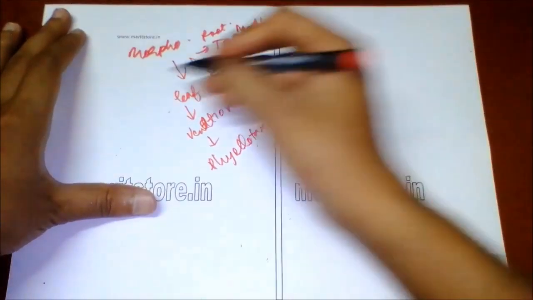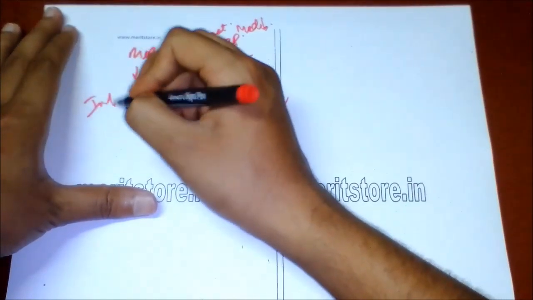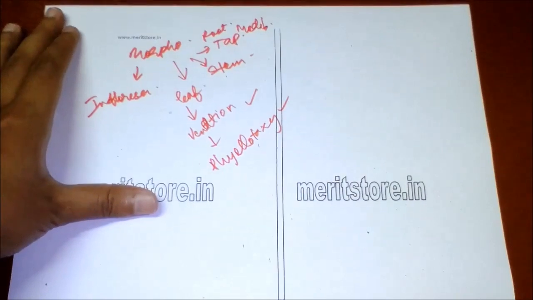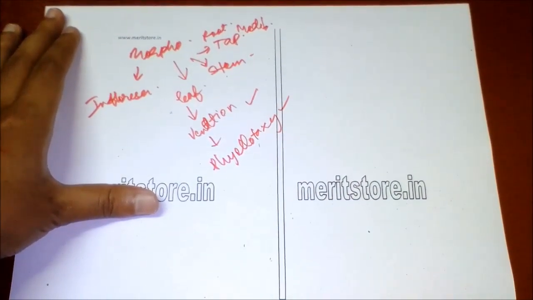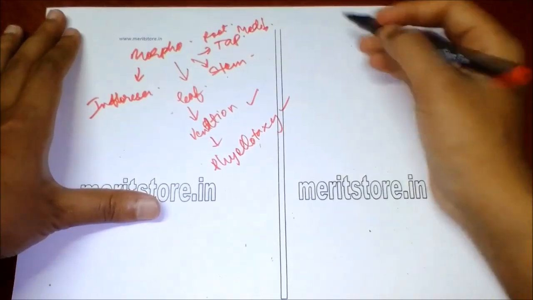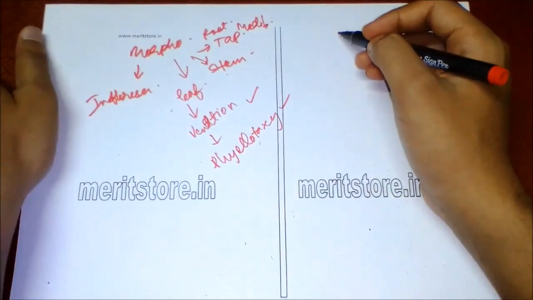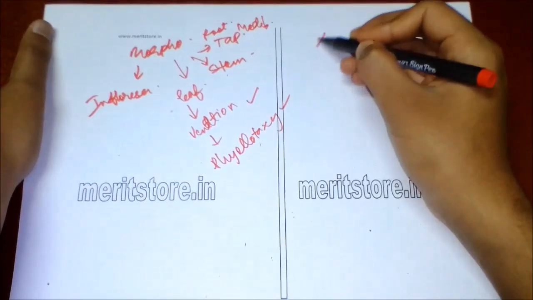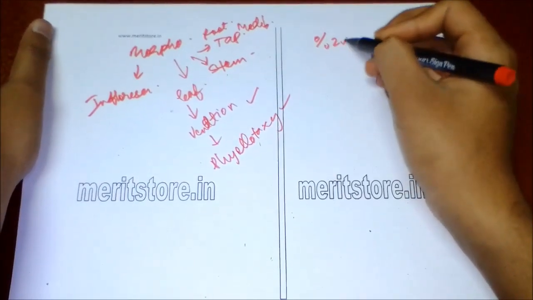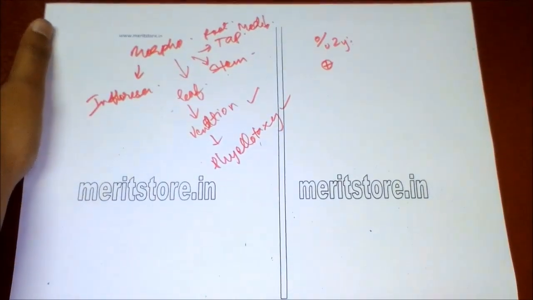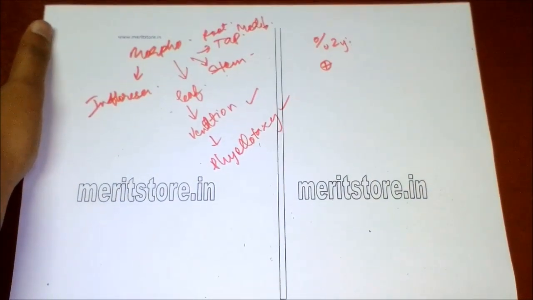Then comes the inflorescence, racemose and cymose inflorescence, the examples of which. Then comes the flower part, actinomorphic and zygomorphic flower, and the floral formula, which is important, with different symbols for zygomorphic and actinomorphic, and the whole floral formula is important.